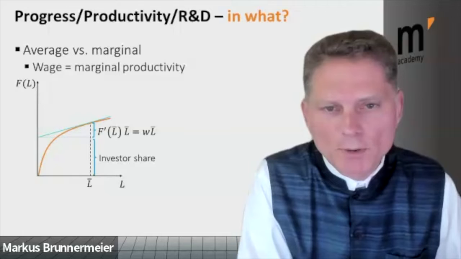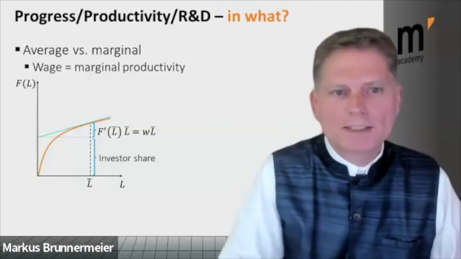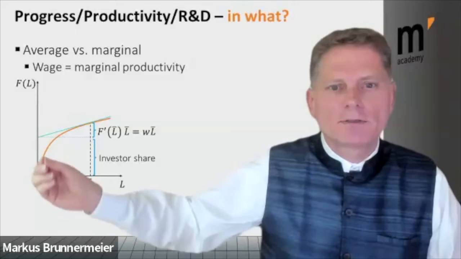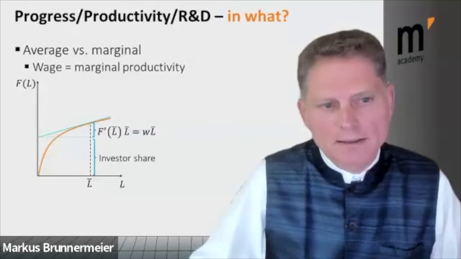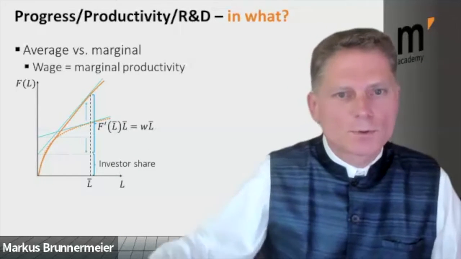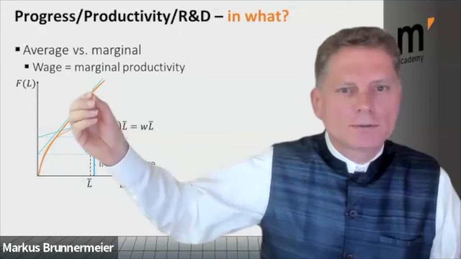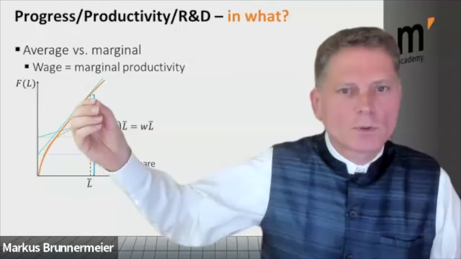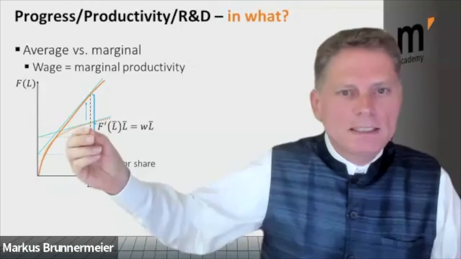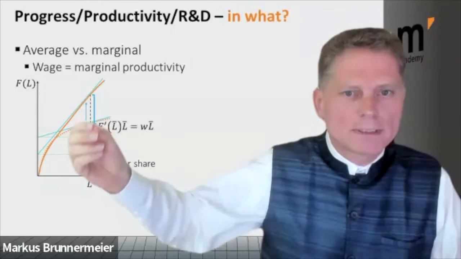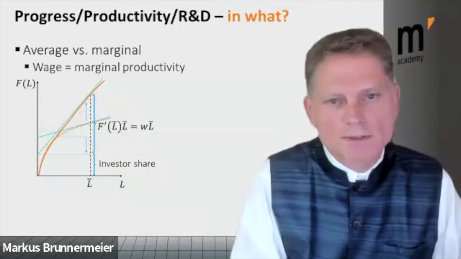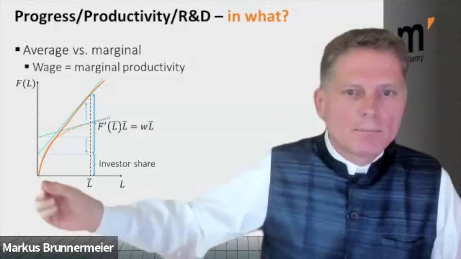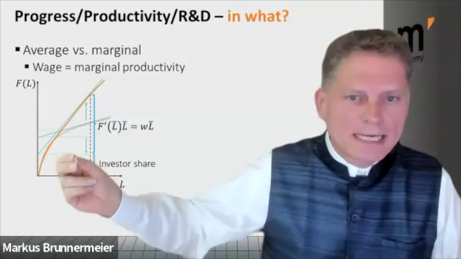Now, let me propose a technological advancement which leads to a much higher productivity function. This higher productivity function then leads to an increase in the marginal productivity of labor as well. What you can see here is an expansion in output, and this goes to the workers because now the marginal productivity of labor is much higher, but it also means a decline in what the investors get.